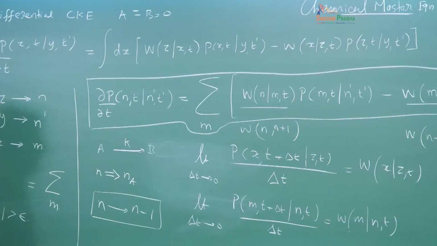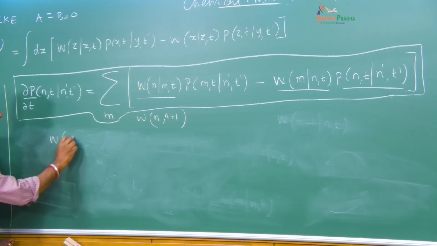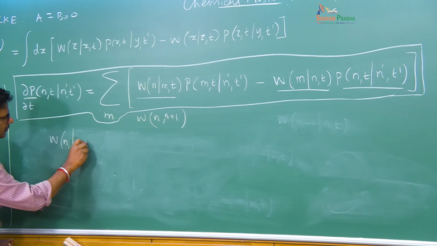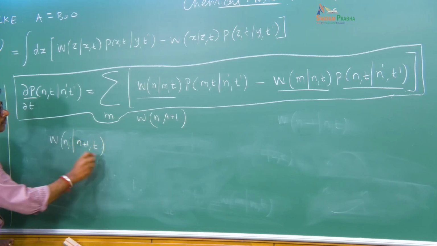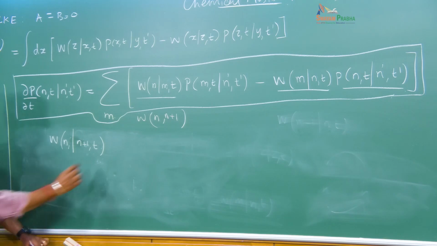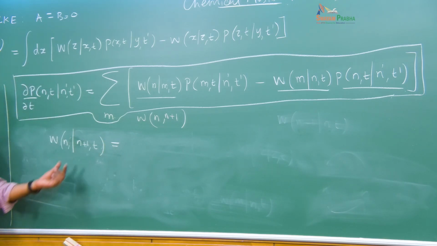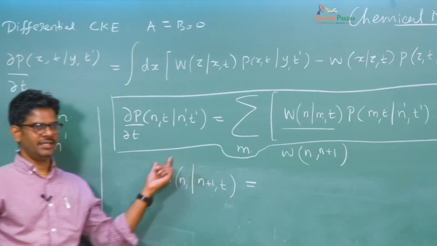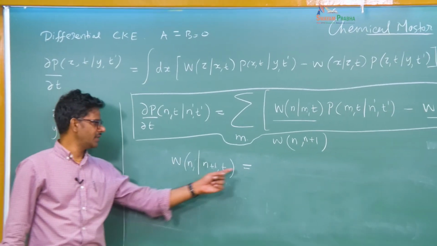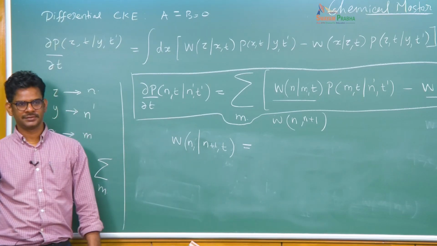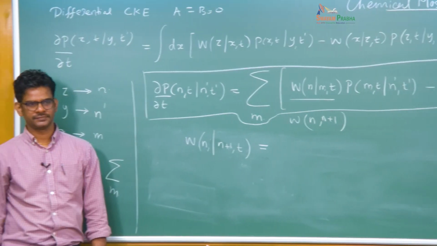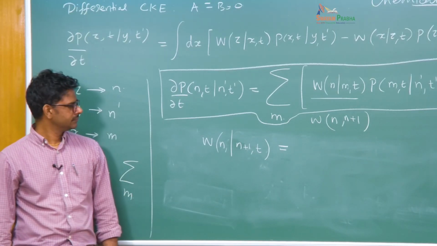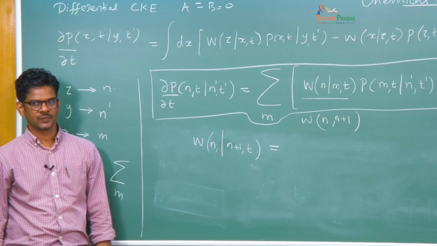We want this: given that the state is at n plus 1, in the next time interval it decreases to n. What can that rate be written as for this problem? What would this expression be?